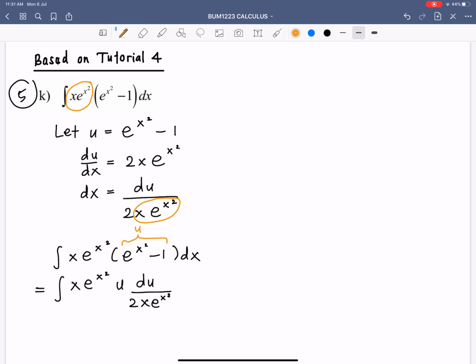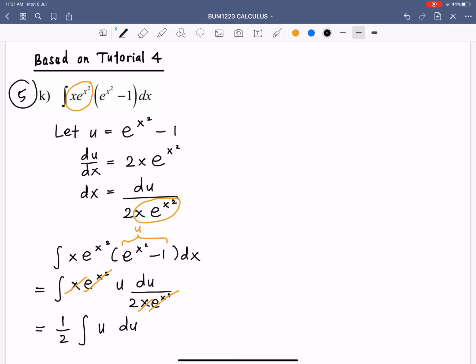And from here we can cancel out e^(x²) and x. So what's left is equal to, we have constant 1 over 2, we factor out, integration u du.